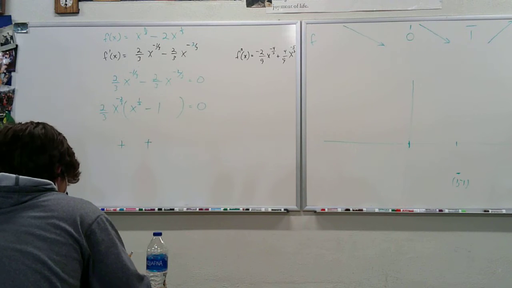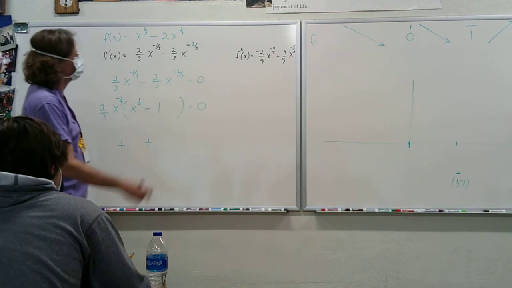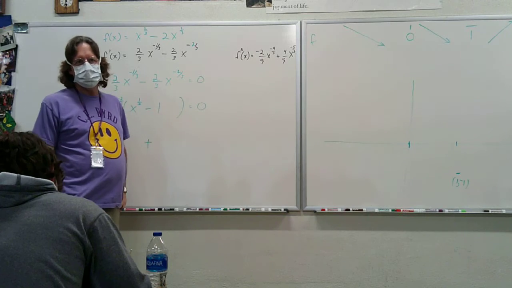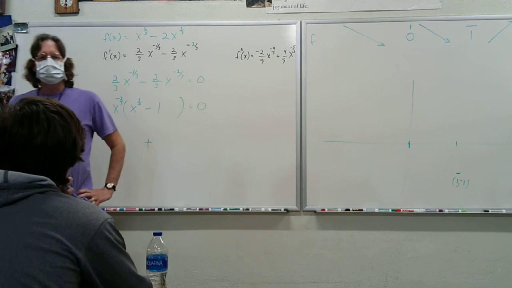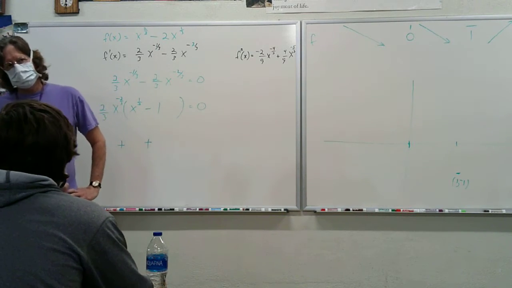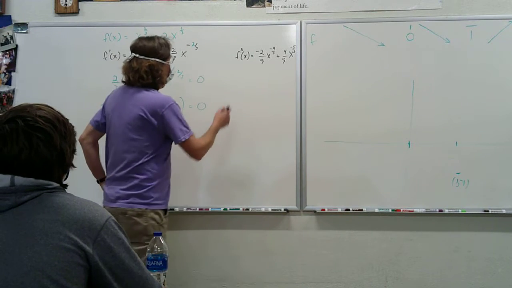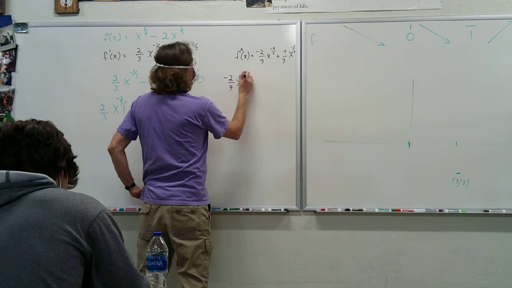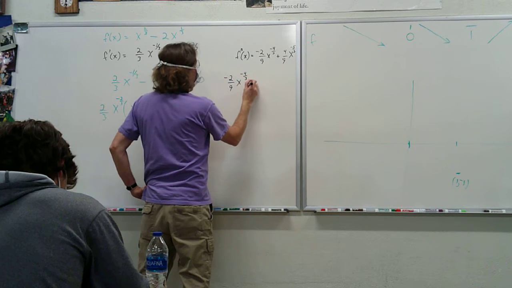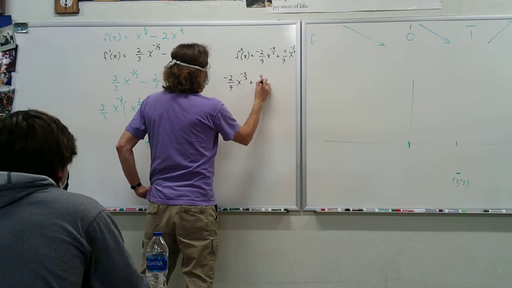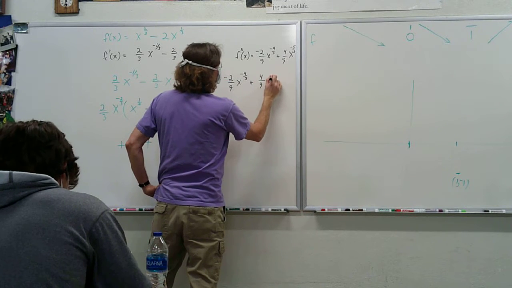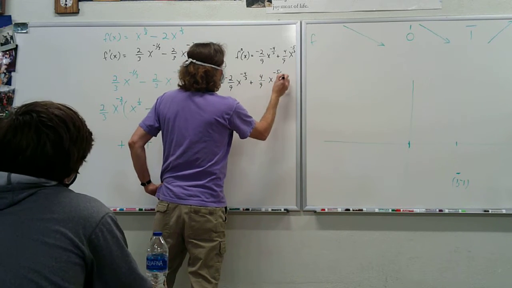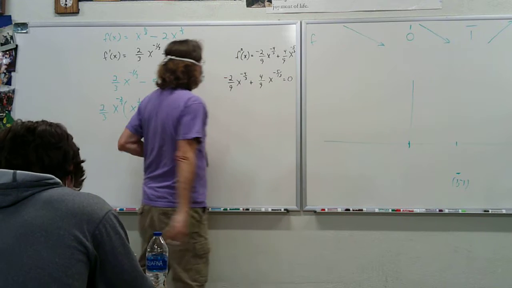That was bad. You're going to take that and set it equal to 0. You are not finding critical numbers. You're finding very, very important numbers. All right. Now, negative 2/9 x to the negative 4/3 plus 4/9 x to the negative 5/3 equals 0.